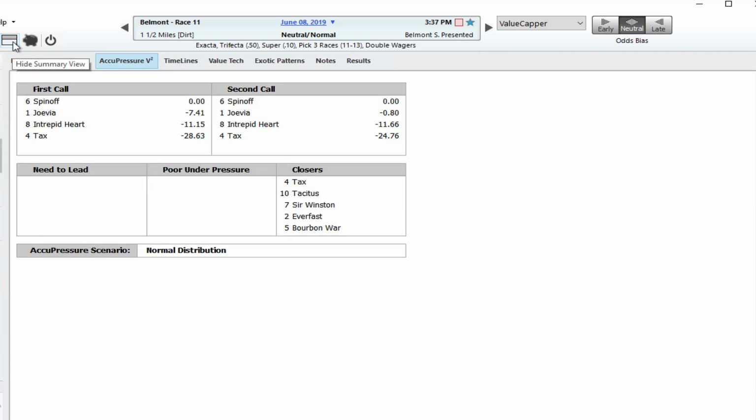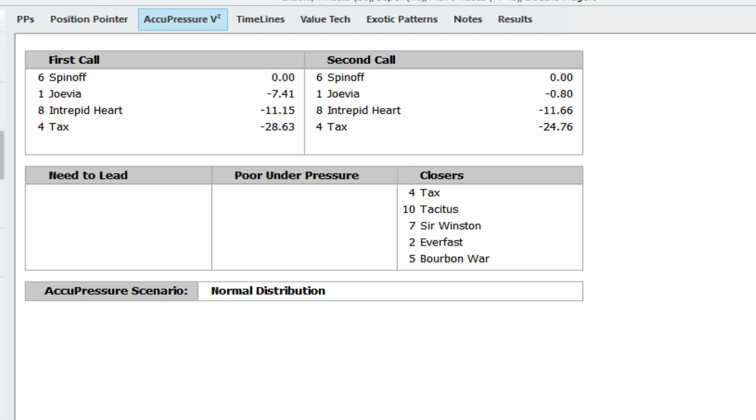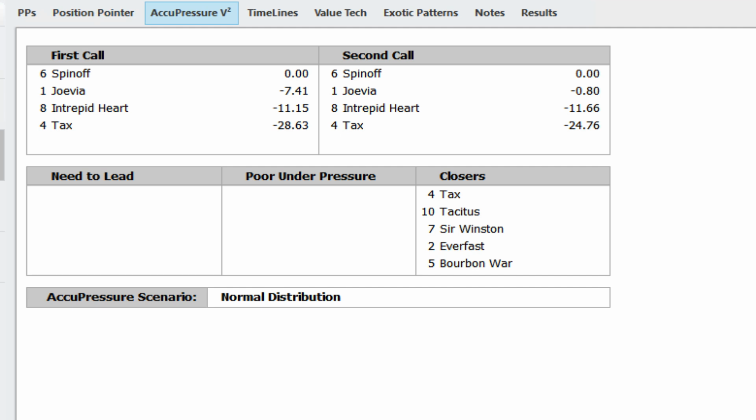And this is what I call acupressure, okay? Acupressure shows that Spin-Off and Joey Villa are going to probably, because we can't read the jockeys' minds, probably be going for the lead.